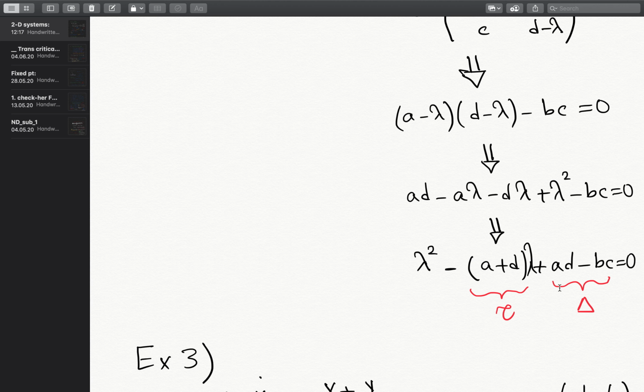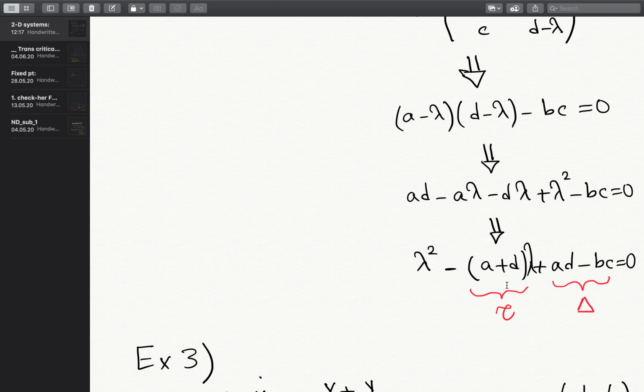We call it D, like the determinant, and we call it tau, like the trace of our matrix. It's just the name. It's all coming from here: A plus D and AD minus BC. This is the important thing. So, is there any question here?